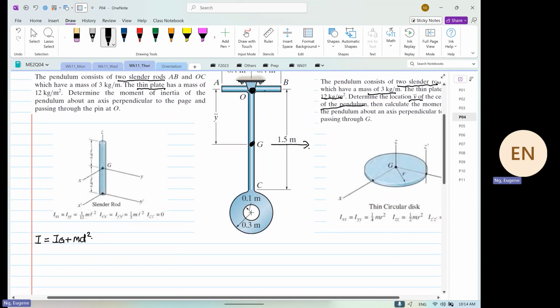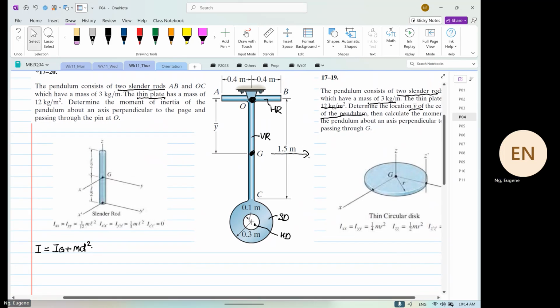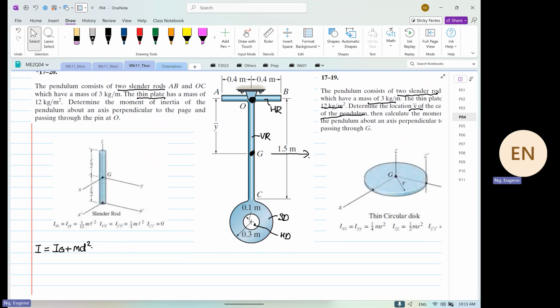So we are going to call this HR, horizontal rod, vertical rod, solid disc, hollow disc. This is important how you label them. You don't call your kid like apple or orange, right? Sorry, some do, but anyway. Dark humor coming in again.